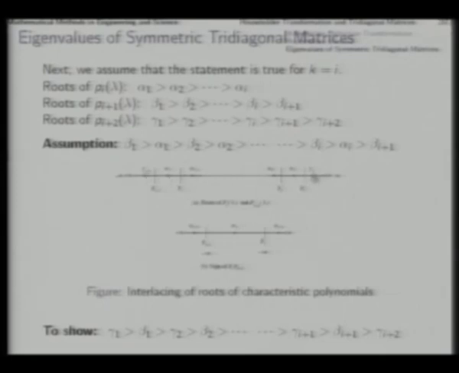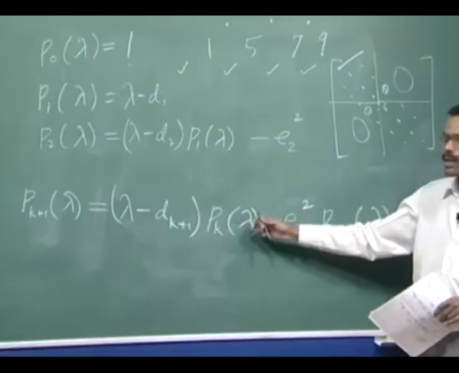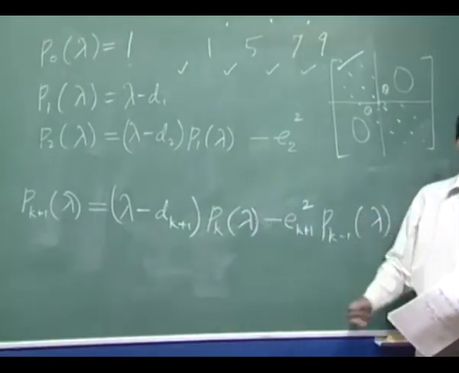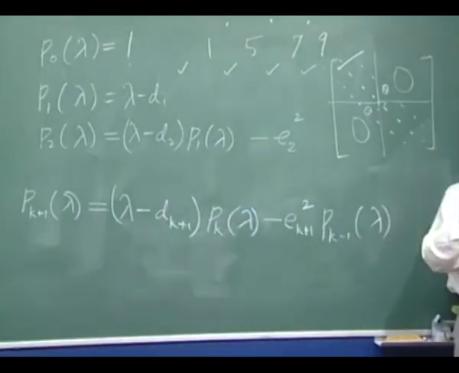Then you need to show that in turn gammas will interlace the betas, i plus 2 gammas will interlace i plus 1 betas, and that you establish based on this recurrence relation and changes of signs in the roots of the succeeding polynomials.